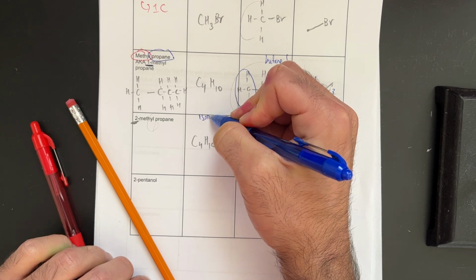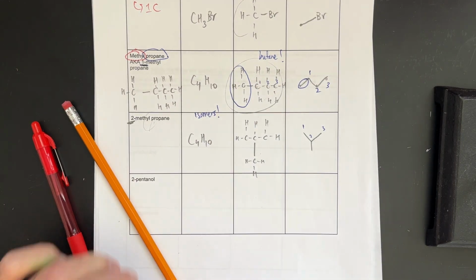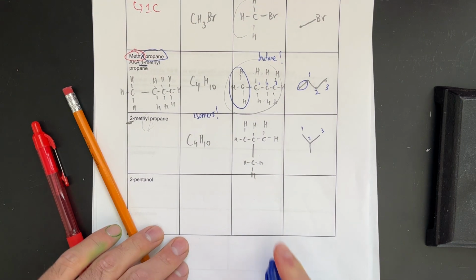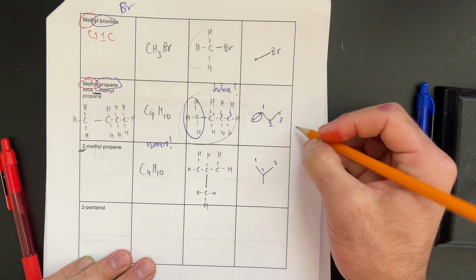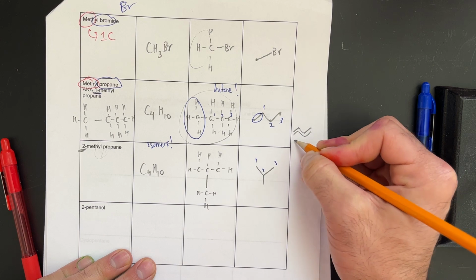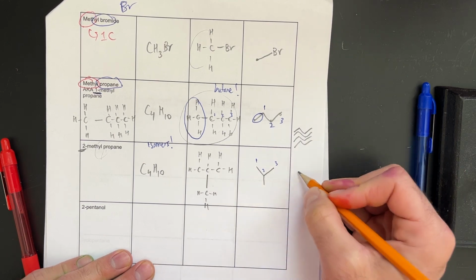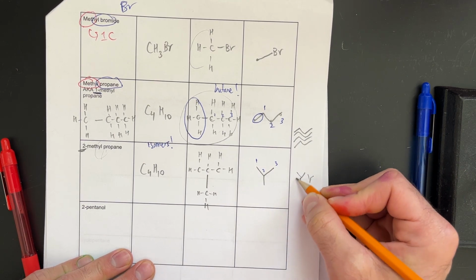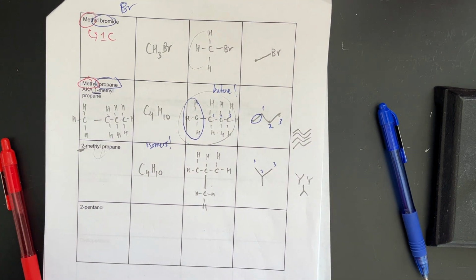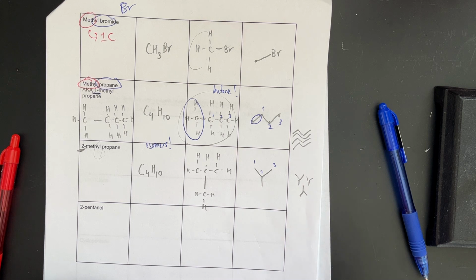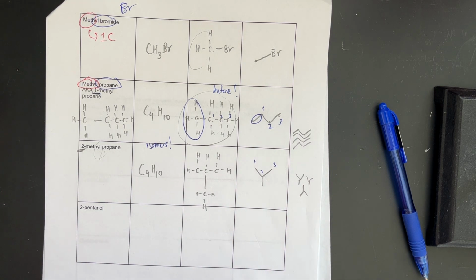Again, these are isomers. Now, they have, however, very different properties. Because this looks like this, we can stack them on top of one another. So when they're together, they're stacked on top of one another. Whereas these are not really going to be able to stack onto each other. They can get close, but it's difficult to stack them. As a result of this, they have very different van der Waals forces, which are the same thing as London dispersion forces, which we've learned in this class.